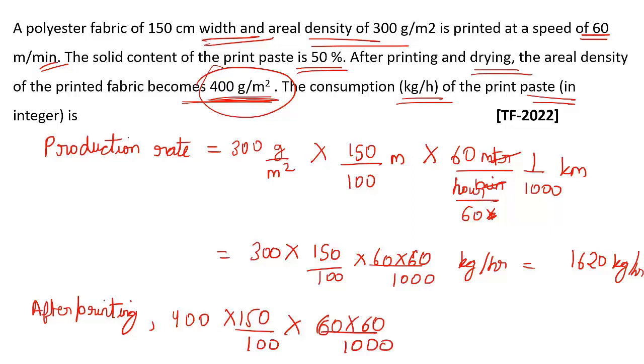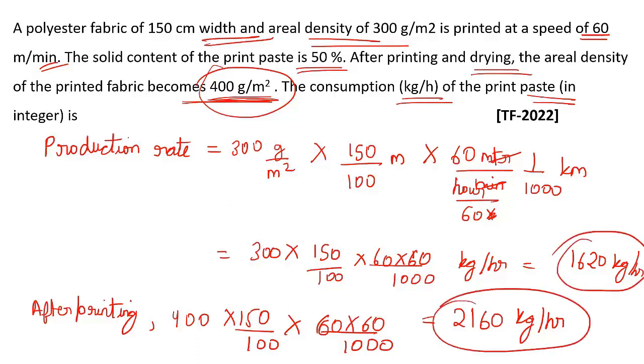Earlier it was 300, now it is 400. So it will come out to be 2160 kg per hour. We have done this to keep the units the same, that is the production rate in kg per hour. Earlier the production rate was 1620, now it is 2160.